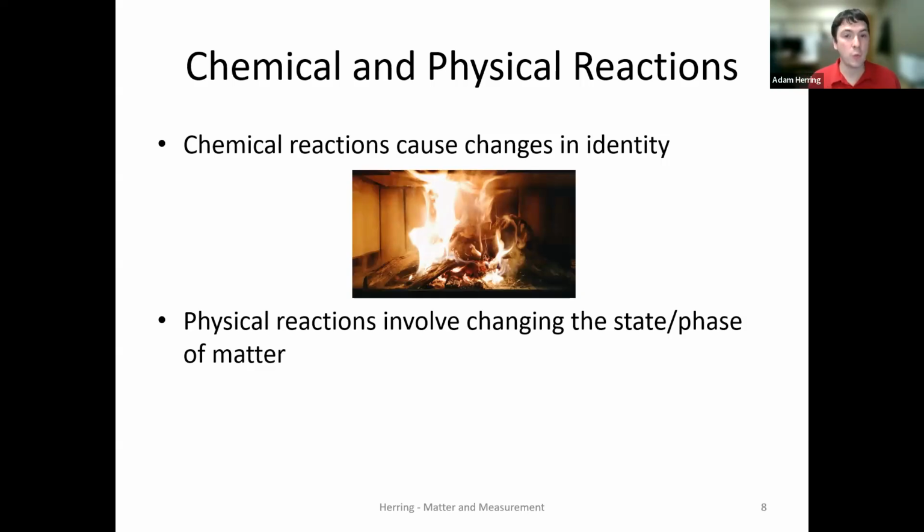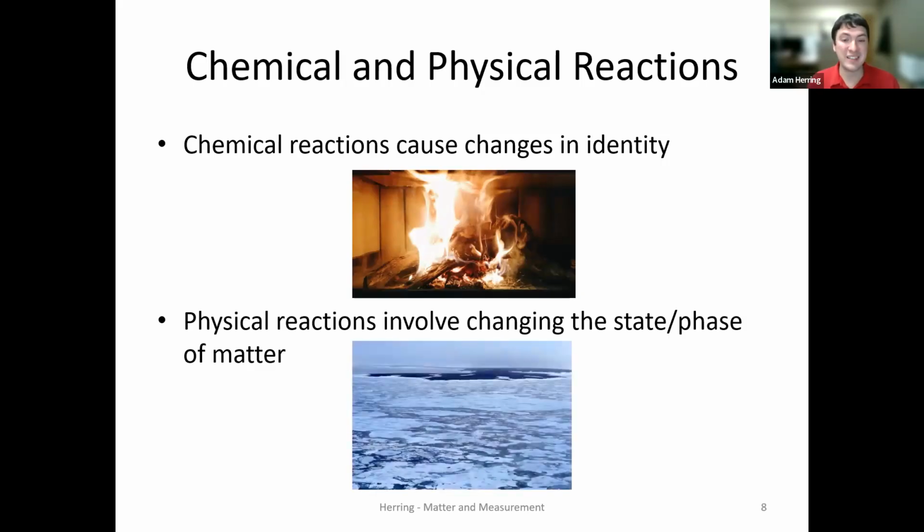The compounds in the wood consist of sugar, cellulose, there's a variety of minerals, and those are getting converted into carbon dioxide and water. A physical reaction is seen when ice melts. We see here we've got some polar ice that is changing between ice and liquid forms, and so that is a physical change. The identity of the substance, water, remains the same, but its state of matter is different.